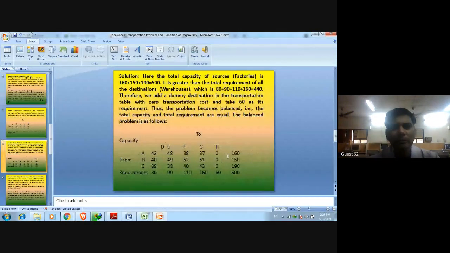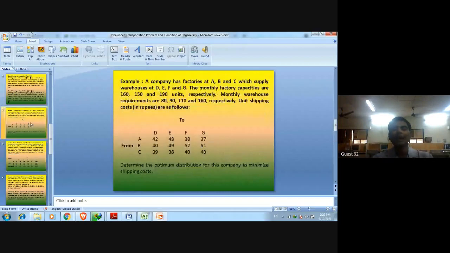The problem is: a company has 3 factories at A, B and C. Suppose that these are cities which supply warehouses at D, E, F and G. These 3 factories supply their product to the warehouses D, E, F and G.